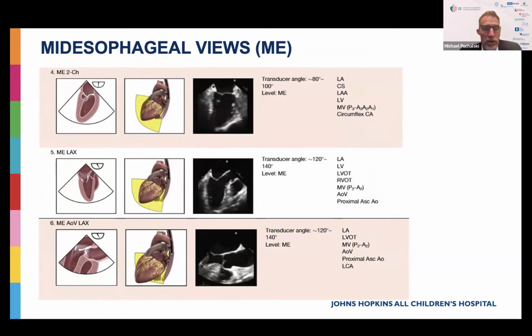Then to look more at the ascending aorta, you withdraw the probe. It's hard to see in the diagram, but if you withdraw the probe just a little bit, you come out of the ventricular plane up into the ascending aorta, which can be really nice for patients with a dilated root like Marfan's or supravalvular aortic stenosis.